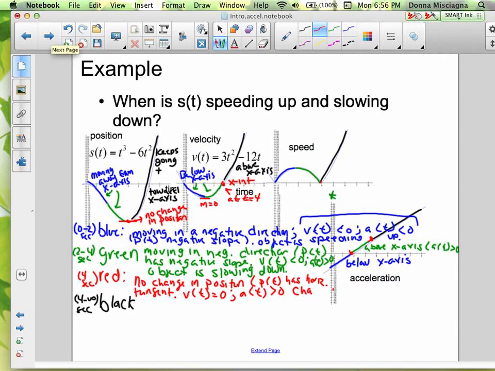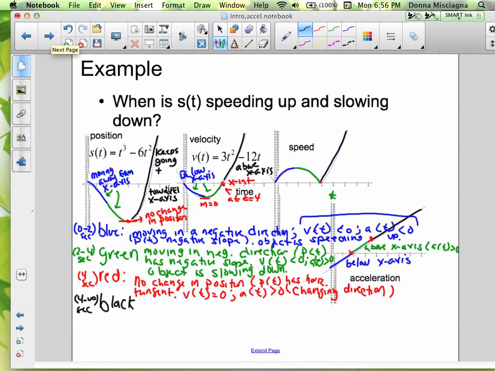Excuse me, changing direction. Now, after 4 seconds, we can look at whether we're speeding up or slowing down. But right at 4 seconds, at just that moment, there's no change in the position. The velocity is 0, so we can't be speeding up or slowing down. We're just changing directions. And you do have to stop for a moment to change directions.